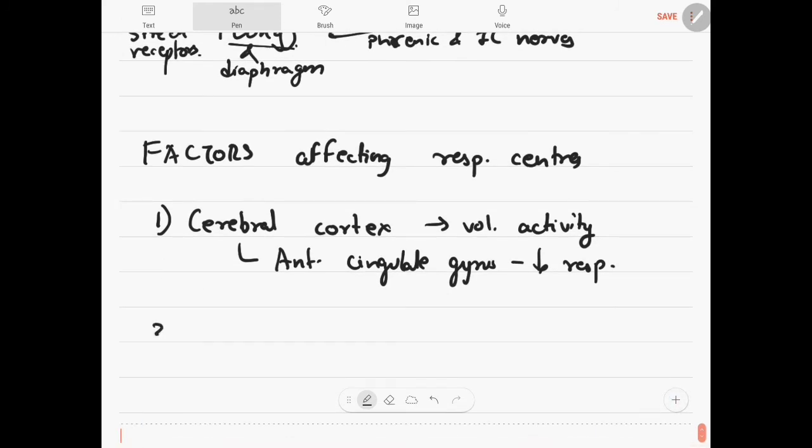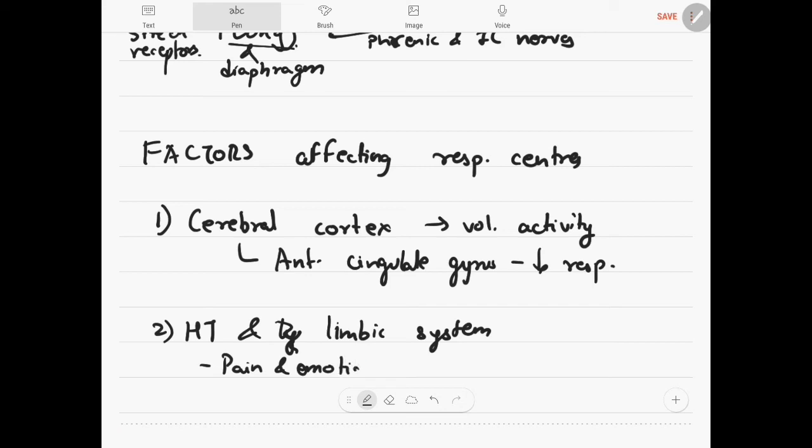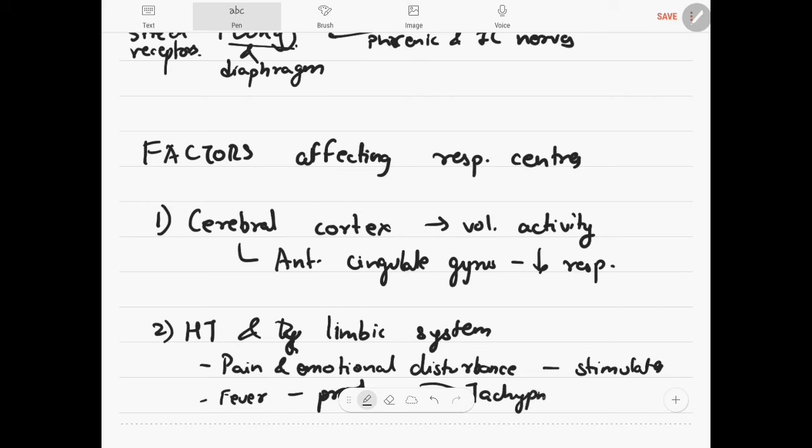Second is the hypothalamus and limbic system. Pain and emotional disturbance stimulate respiration, while fever produces tachypnea, shallow rapid breaths.